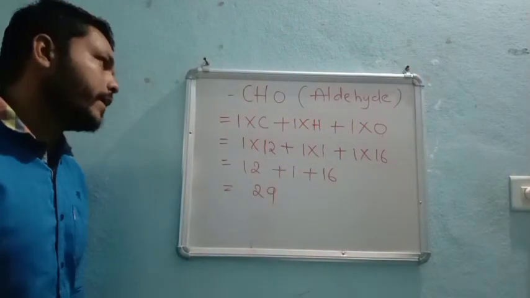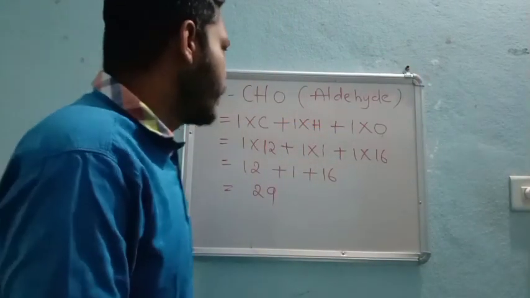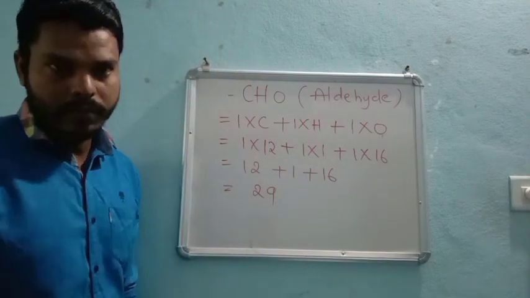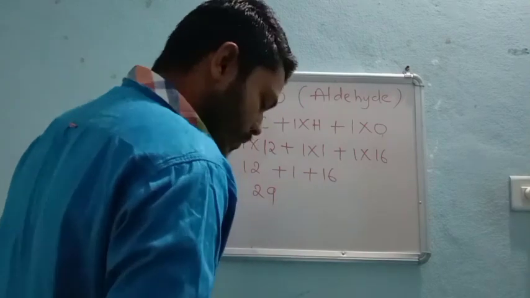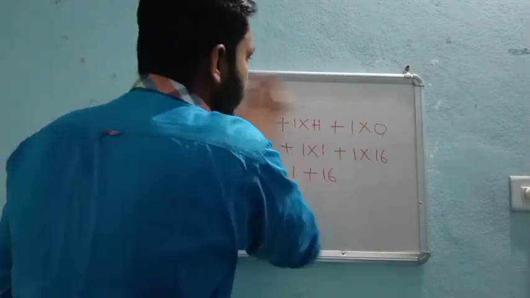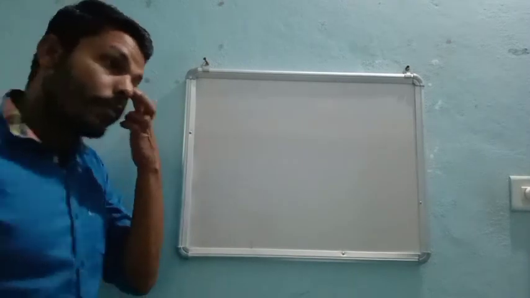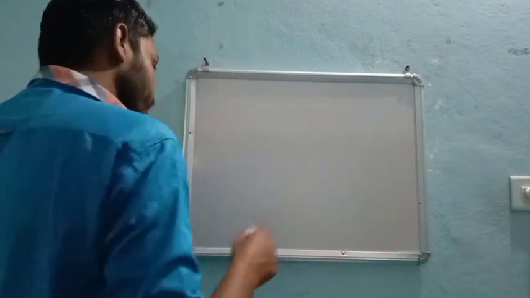So the aldehyde molecular mass is nothing but 29, right? So I will give some assignments of different compounds, which we have discussed during the offline basic classes.